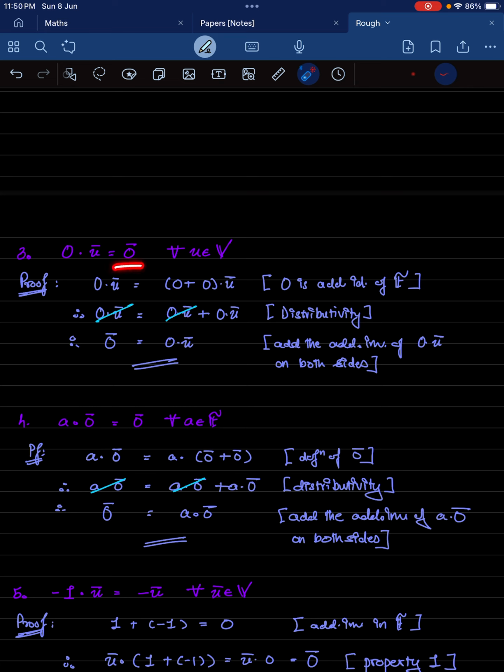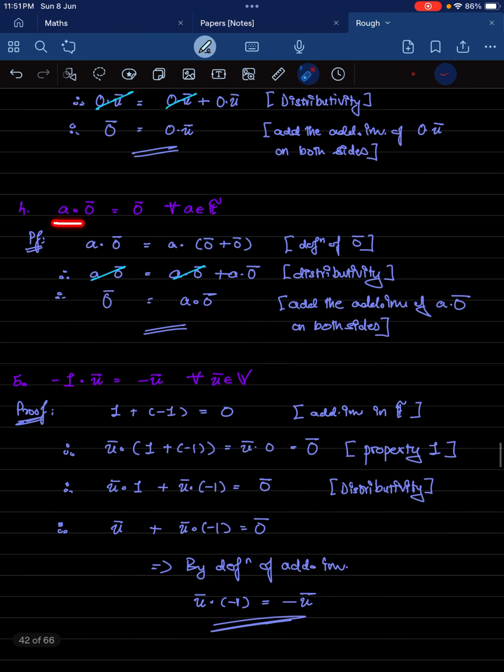Well, that's what the additive identity in F is all about. Now by distributivity, I can split this into 0 times u plus 0 times u. Not a problem. And so let's cut this. We can cut this. So that's basically adding the additive inverse of whatever this is. When I add it over here, that will result in a 0 vector, and right here that will result in 0 times u, and hence 0 times u happens to be the 0 vector.